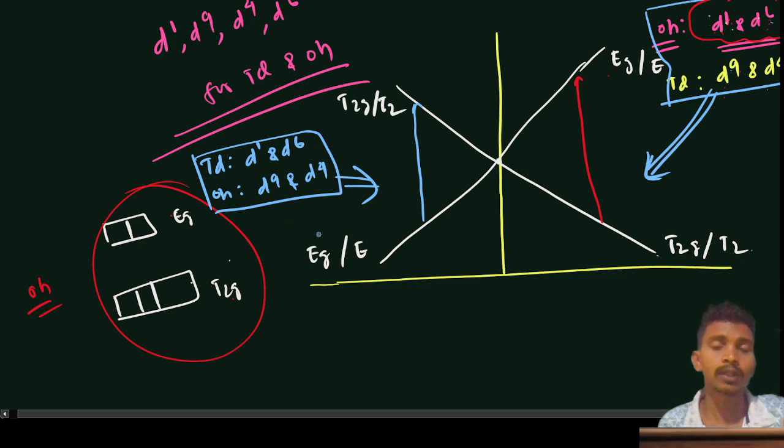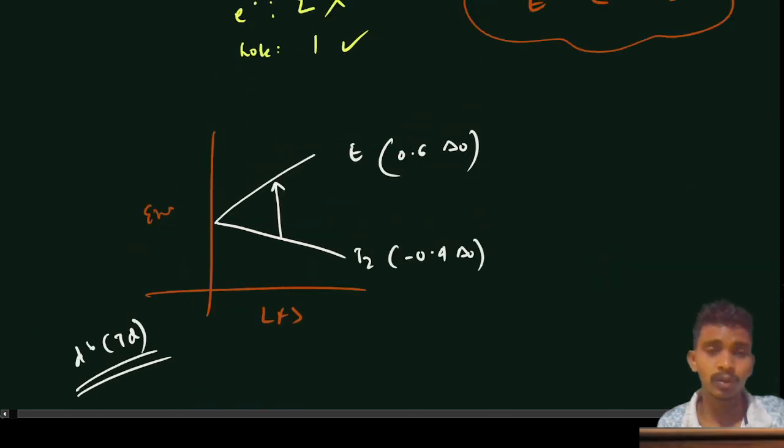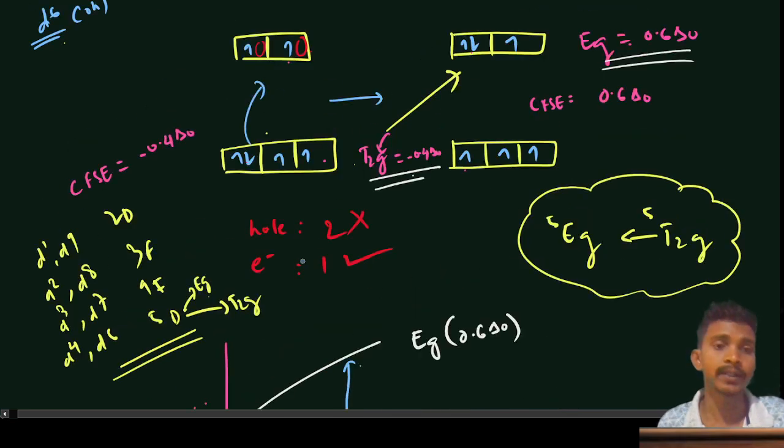We do not need to draw all these diagrams or calculate CFSE, and so on. We only remember that for octahedral D1 and D6 this will follow. Eg is here, T2g is here, and that's it. With that, we can solve a lot of problems. We do not need to draw CFSE or deal with hole and electron transitions.